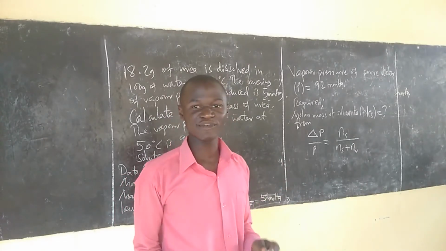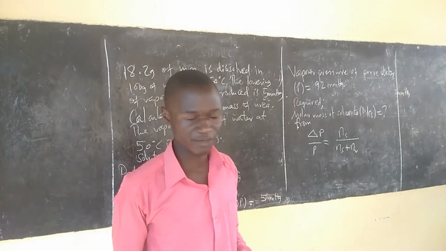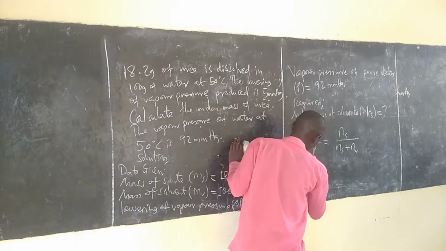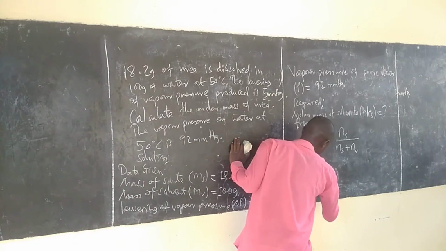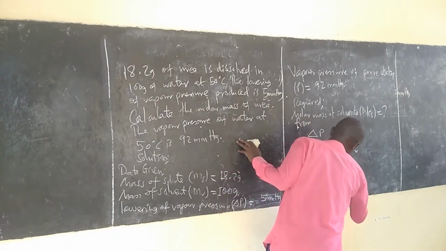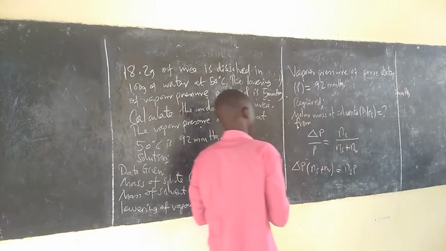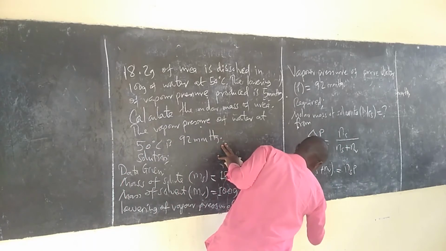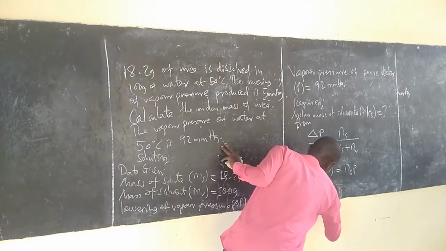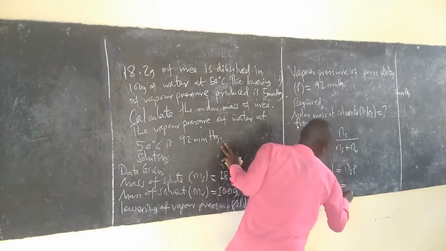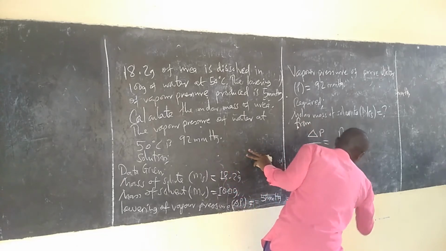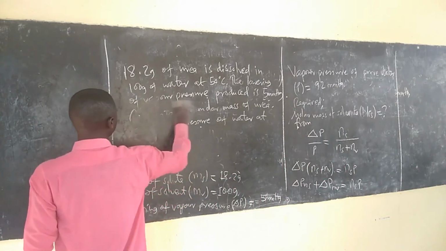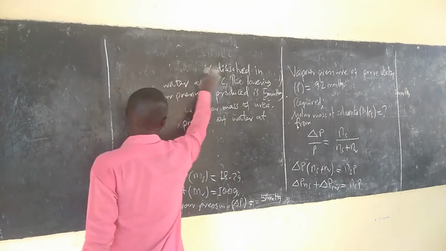So we go back to form 2, making the subject of the formula. So we make NS the subject, we will have change in P, NS plus NV is equal to NSP. From there, we will say change in P, NS plus change in P, NV is equal to NSP. Meaning that change in P we have multiplied inside.